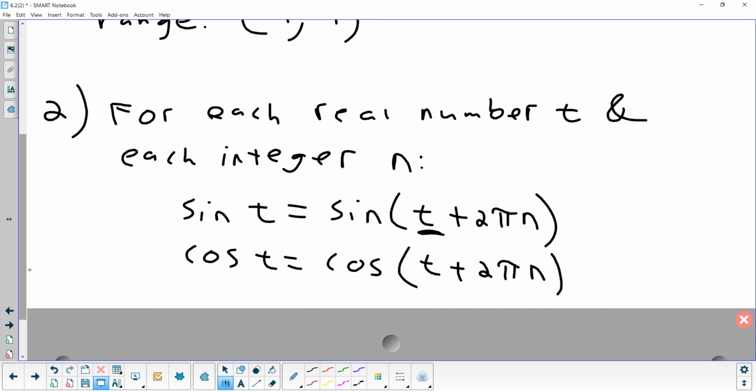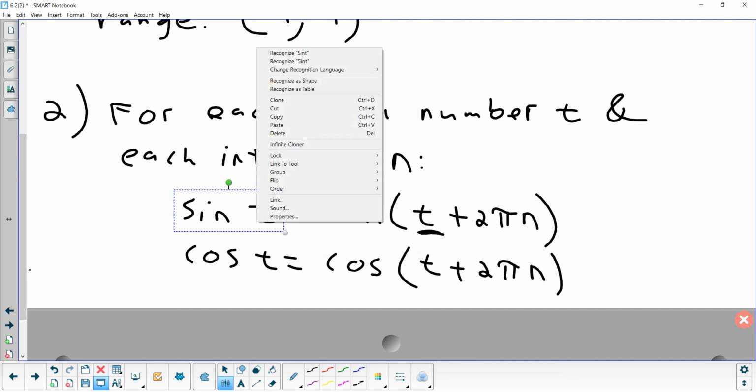So you can add 2 pi times 1, or you could add 360 times 1. You could add 360 times 2. You could add 360 times 7. Adding and subtracting multiples of 360, or multiples of 2 pi in radians, won't affect the answer. You'll get the same thing as if you didn't add the 360 or the 2 pi at all.